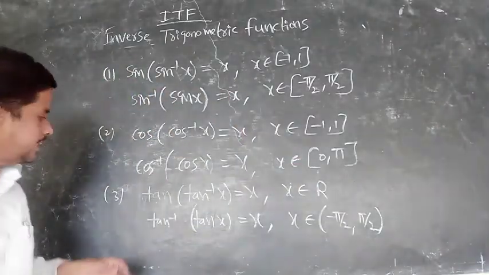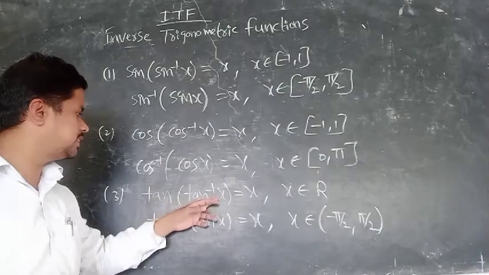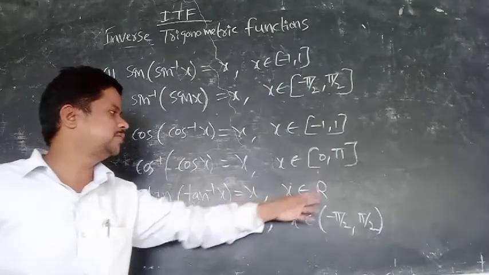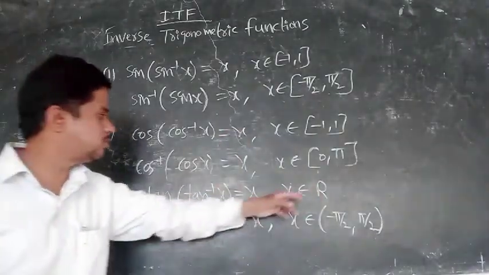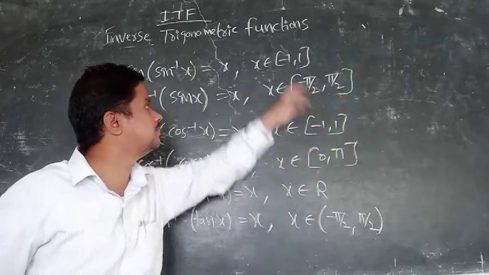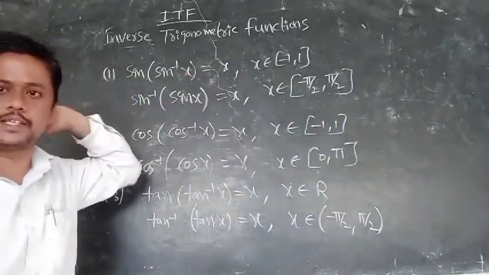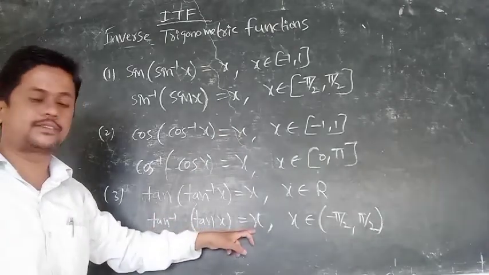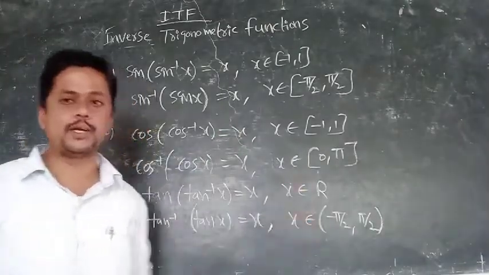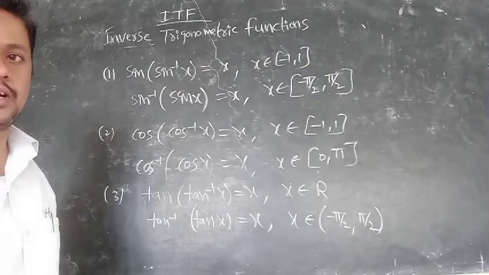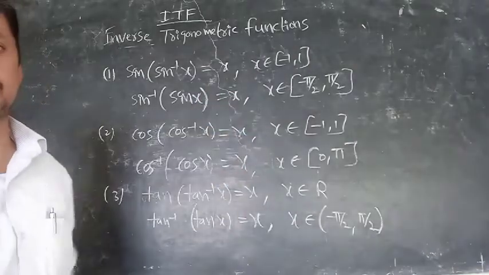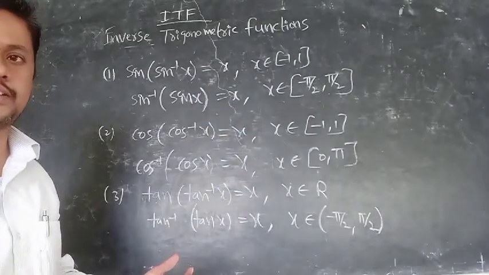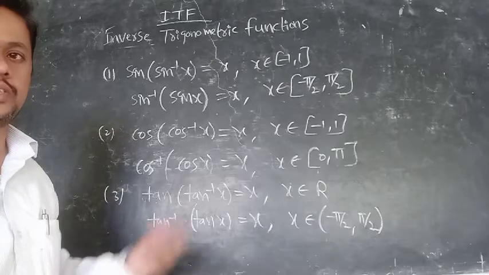Tan of tan inverse x is equal to x, where x belongs to R. This is the domain, this is the range. Tan inverse of tan x is equal to x, where x belongs to minus pi by 2 to pi by 2. The same domain and range pattern applies for cot inverse x, secant inverse x and cosecant inverse x.